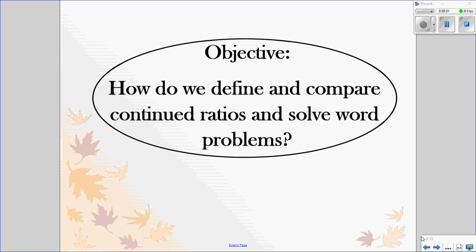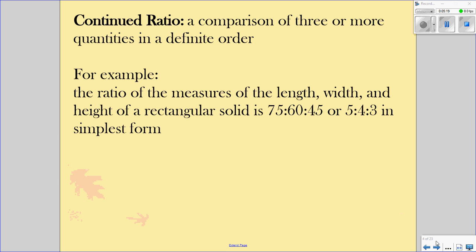Alright, so our next lesson is a continuation of ratio and proportion, but we're doing ratio word problems. So the objective is how do we define and compare continued ratios and solve word problems. A continued ratio is a comparison of three or more quantities in a definite order.